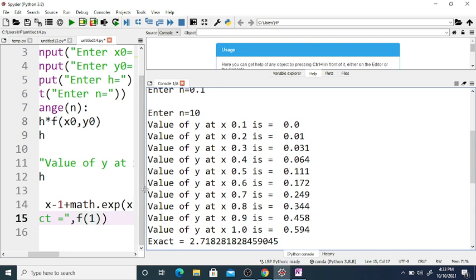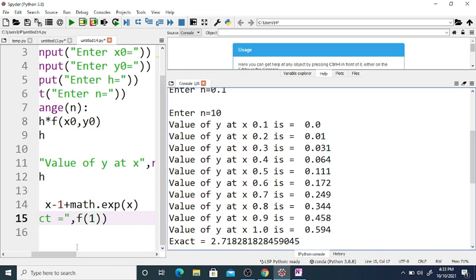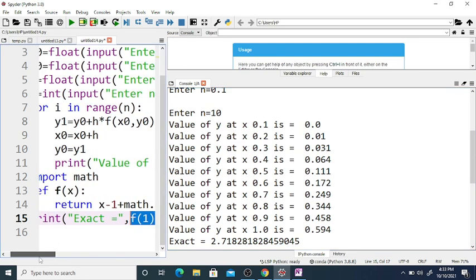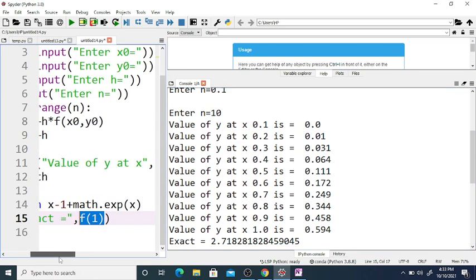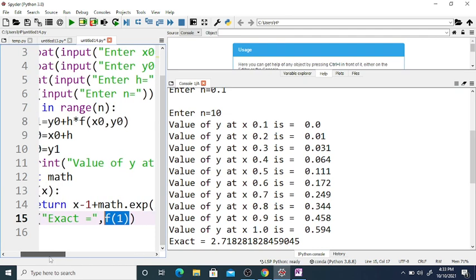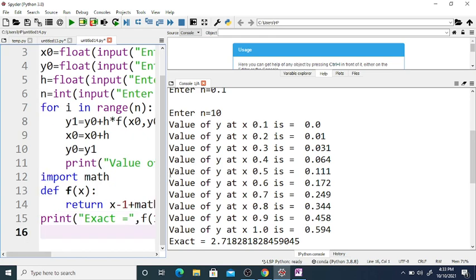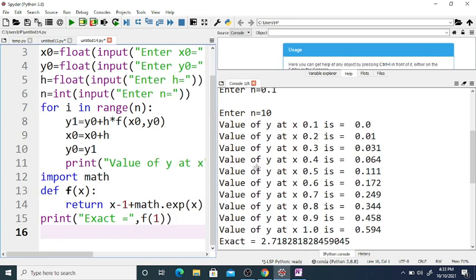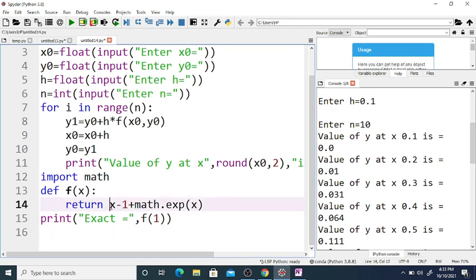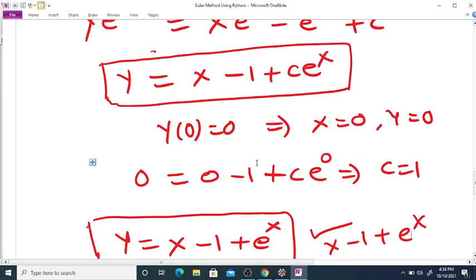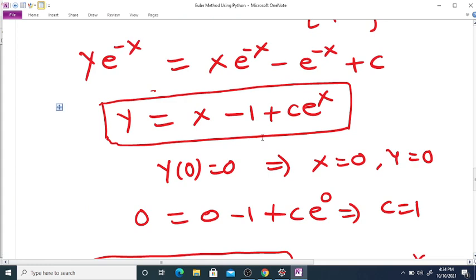There is some error. In the exact solution, okay, I think this is not our exact solution. You can see here that this is our exact solution, but one mistake is there.